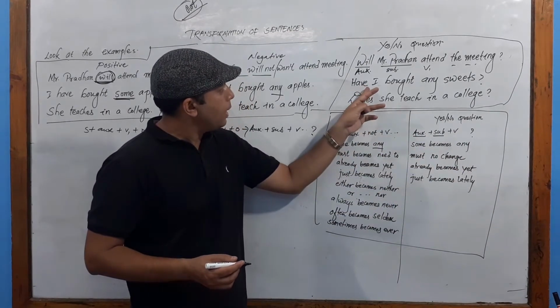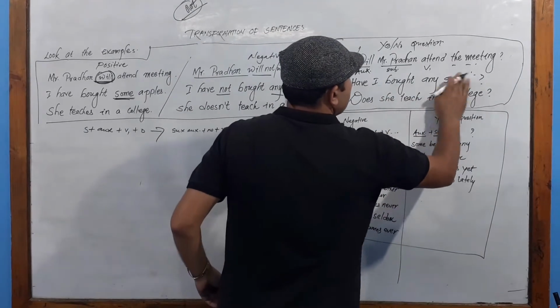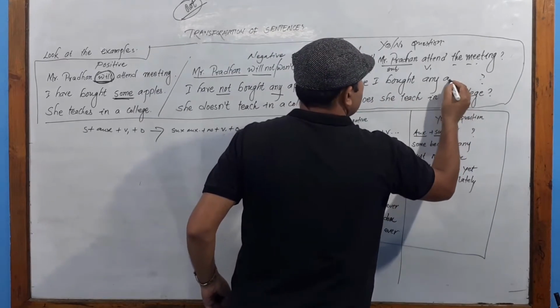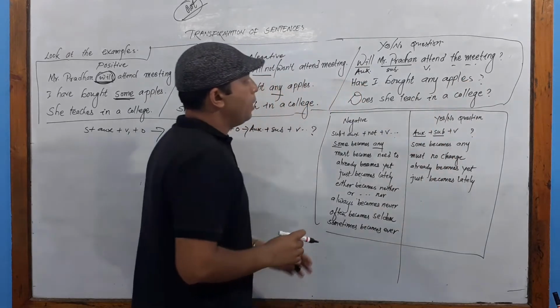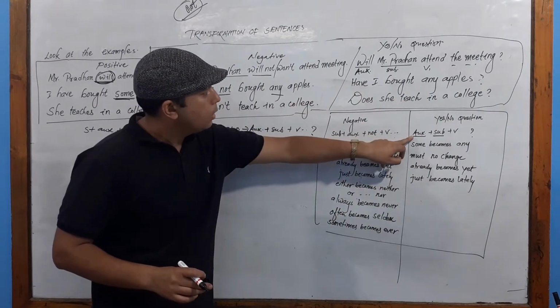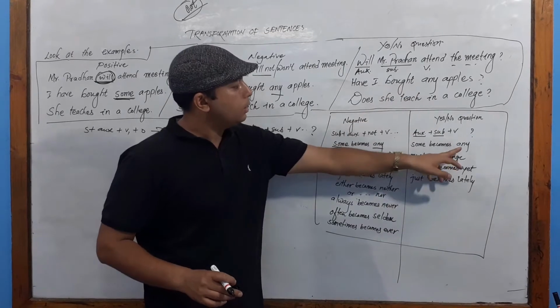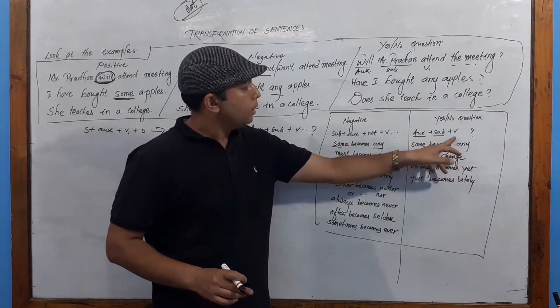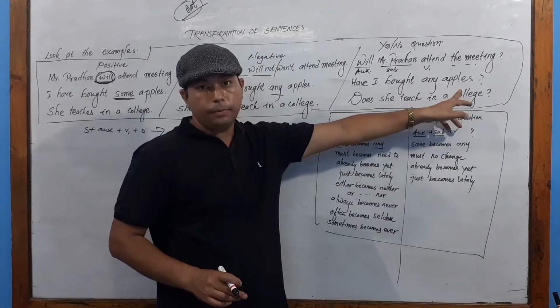Look at here. Have I bought any apples? Oh, I have written sweets here. It is apple. Have I bought? Auxiliary verb बाट सुरु भएको छ हेर्नुस्. I is the subject, bought. You have verb 3 given. And some will be changed into any and the object is here.